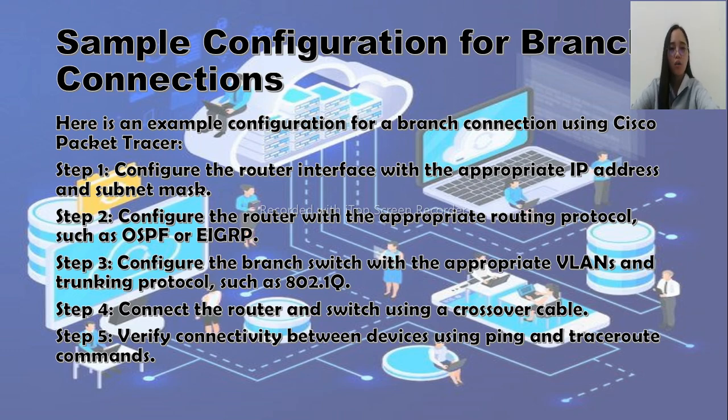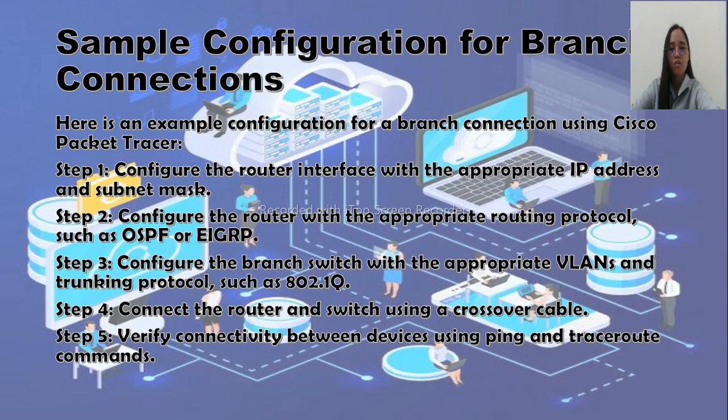Step 1. Configure the router interface with the appropriate IP address and subnet mask. Step 2. Configure the router with the appropriate routing protocols such as OSPF or EIGRP. Step 3.